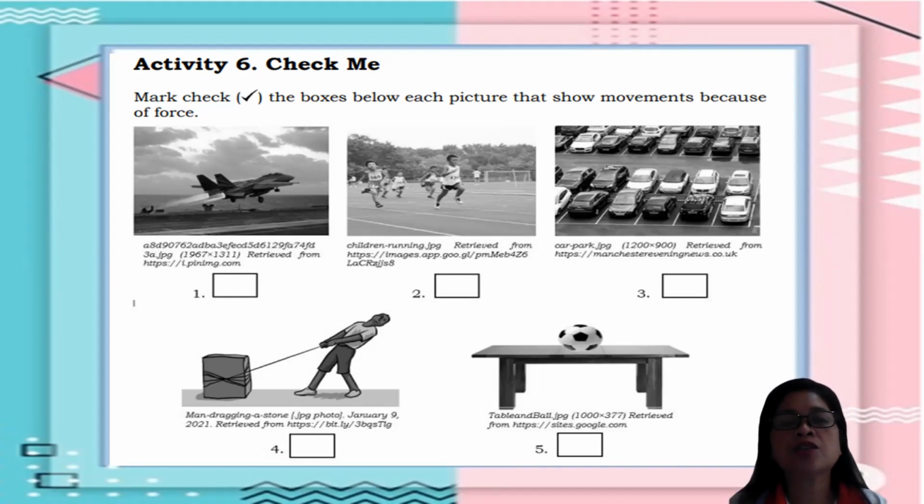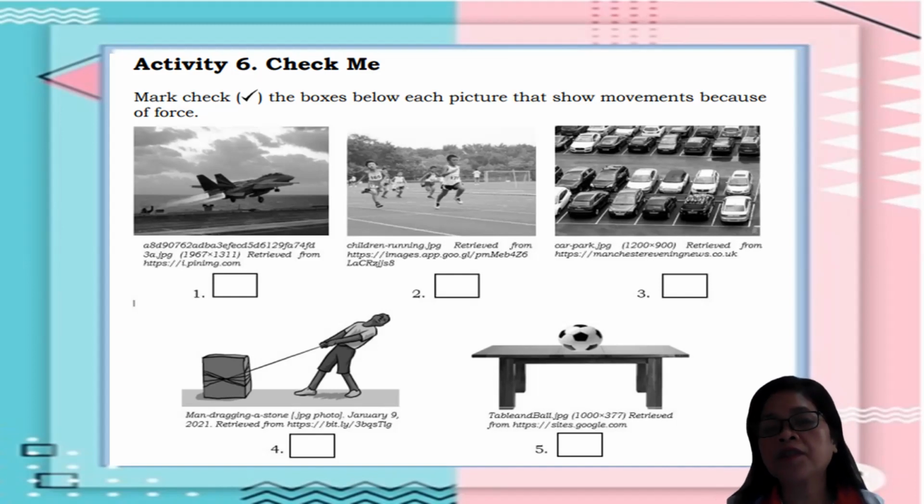Yes, it is. So put check. For number 2, are the kids moving? Yes, they are moving because they are playing in an open field. So check tayo dyan sa number 2.